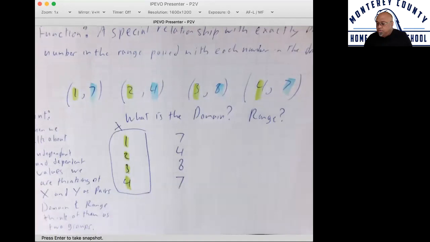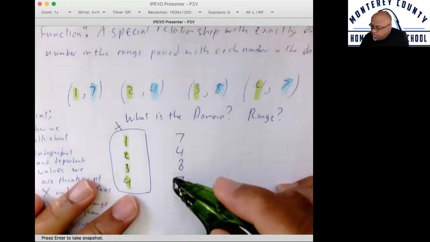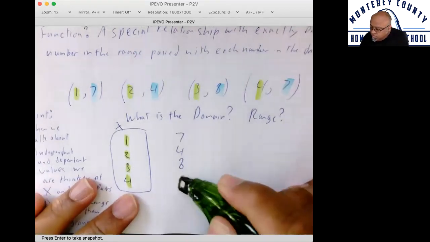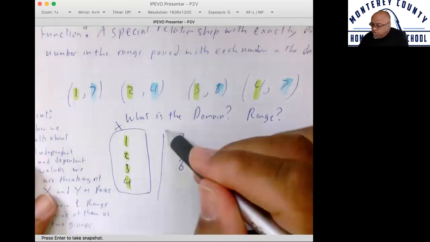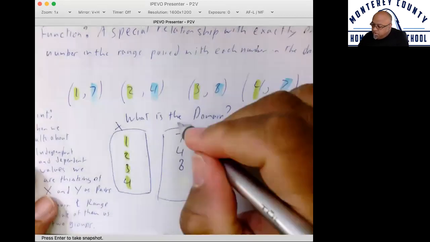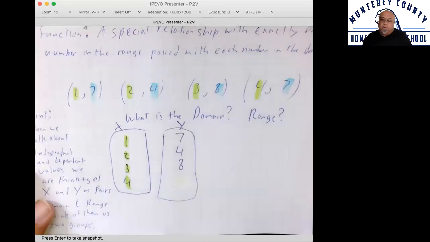So since it occurs 2 times, it's not necessary for me to write it twice. So I'm going to go ahead and cover that one up. Okay. Now, I'm going to call my range y.